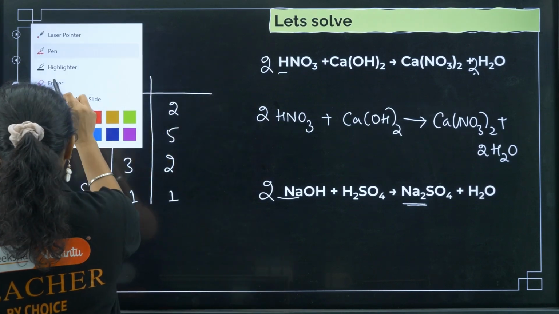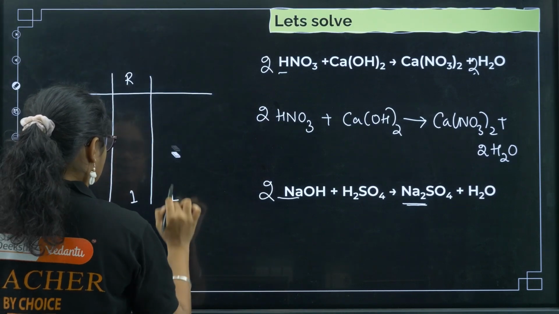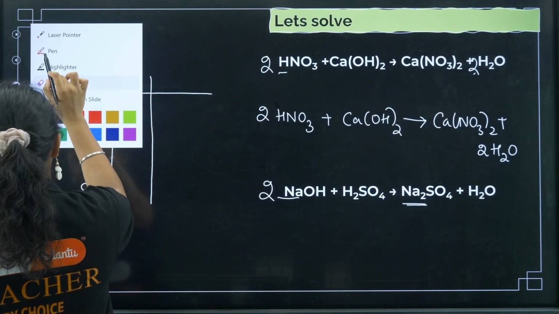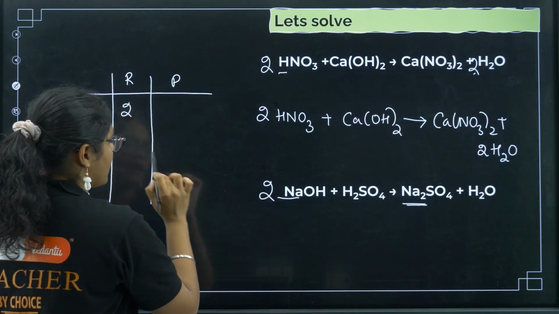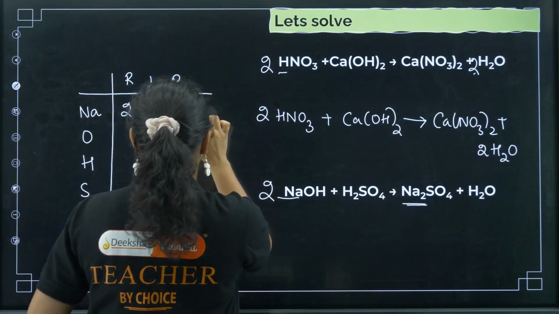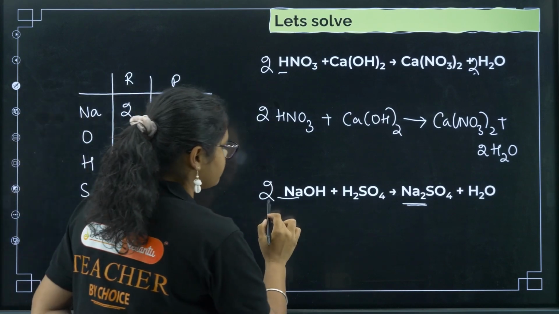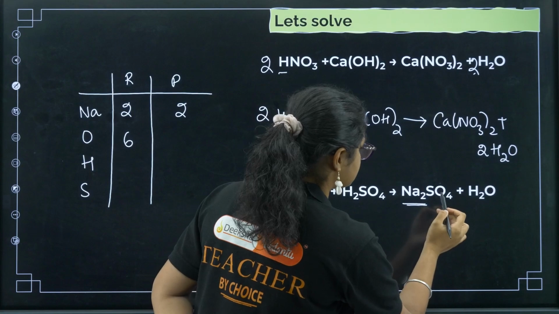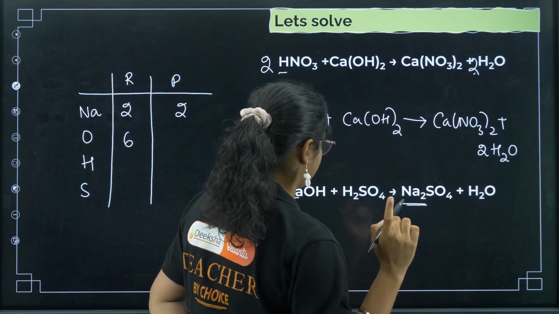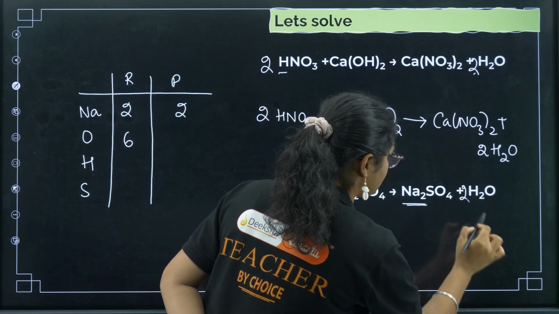So after doing this one, I will check what changes we can do now. Now I see we have 2 sodium, and this side also we have 2 sodium. Oxygen, now I have 4, 5, 6 oxygen, and here 4 and 1, so I have 5 oxygen. So what I'll do, I'll multiply by 2 here.